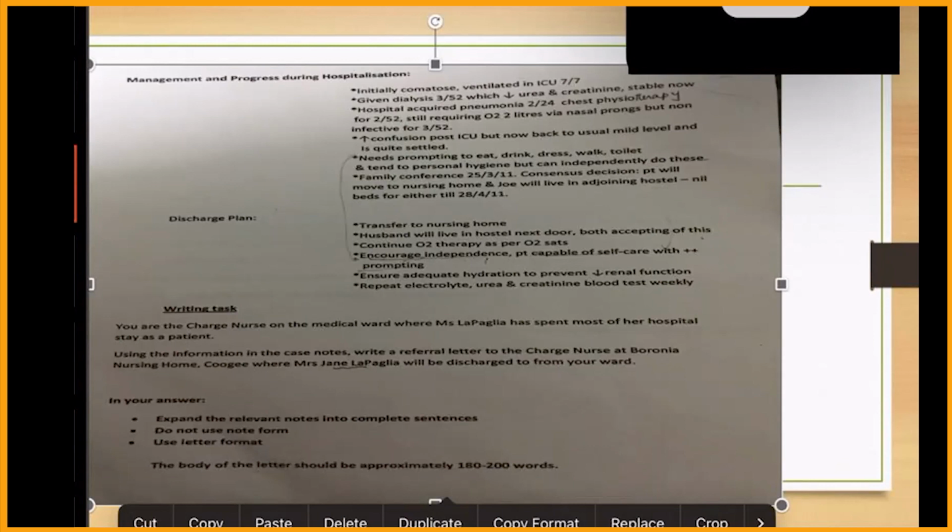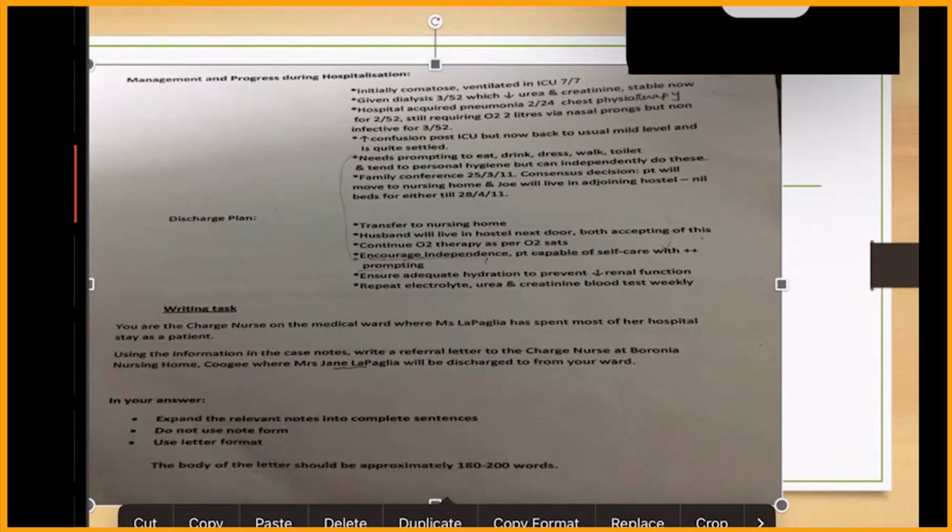It does not happen, it will happen. To nursing home, and husband Joe will live in adjacent hostel. It means this husband will be staying in a hostel just adjacent to this nursing home. Nil beds for either, till 28/4/11, which means beds are not available for them till 28/4/11.